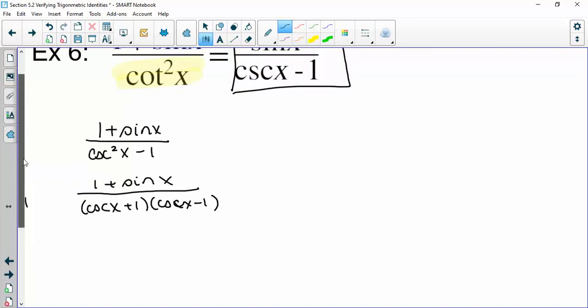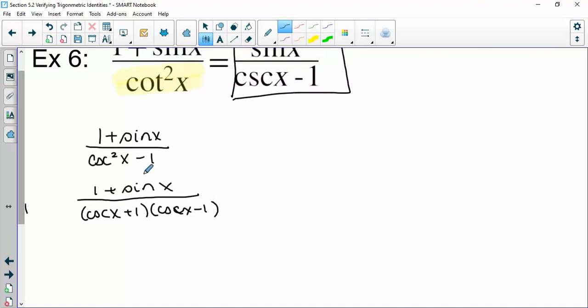So there's some different options on what we could do here. We really need some things to cancel. We want to keep the cosecant minus 1. That means I need a plain sine on the top. What if I multiply top and bottom by sine? That works. That gets rid of that bad boy.